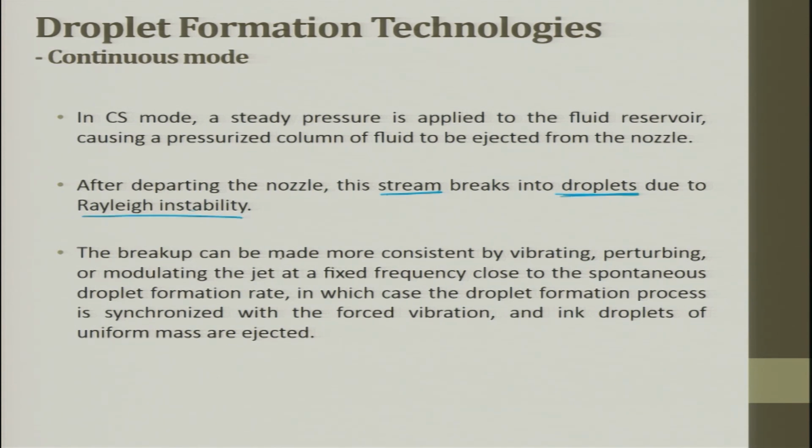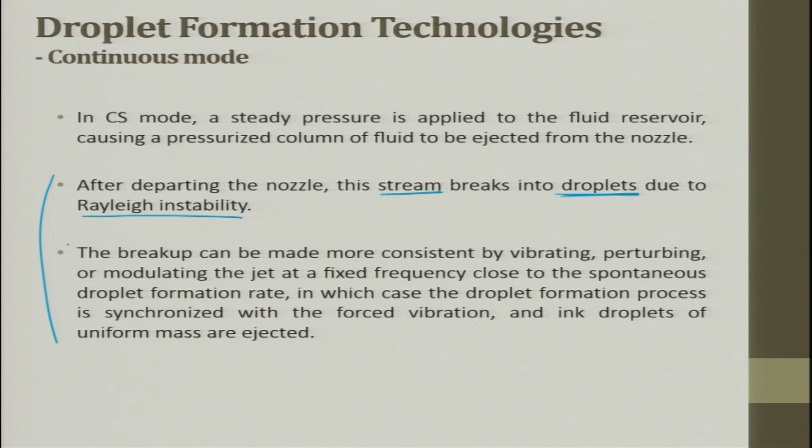The breakup can be made more consistent by vibrating, perturbating or modulating the jet at a fixed frequency close to the spontaneous droplet formation rate, in which case the droplet formation process is synchronized with the forced vibration and ink droplets of uniform mass are ejected.